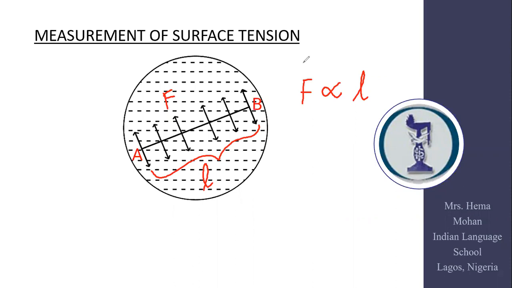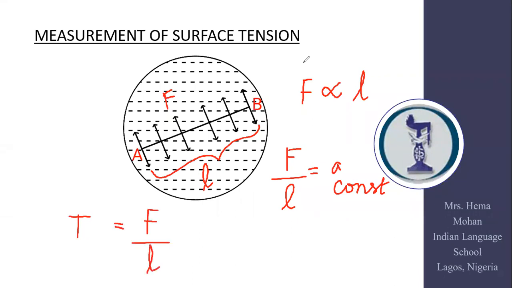It pulls out tangential to the surface and perpendicular to the line element, right? Then F is proportional to L. So F by L is a constant for a given liquid at a given temperature. And this constant is what we are going to call surface tension T. So T is equal to F by L.